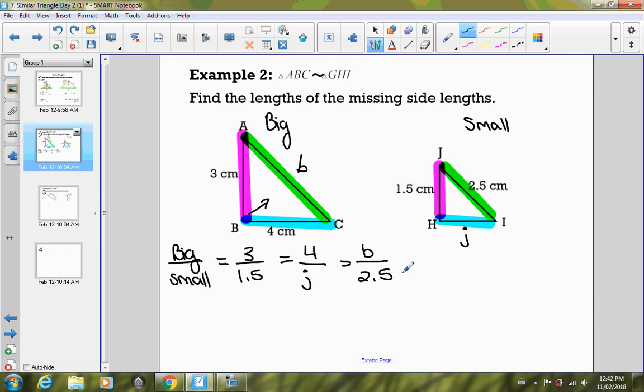Okay, so now my first step is to do some cross multiplication. I'm going to solve for side length j here. So how do I do that? I'm going to take 3 multiplied by j is equal to 4 times 1.5.